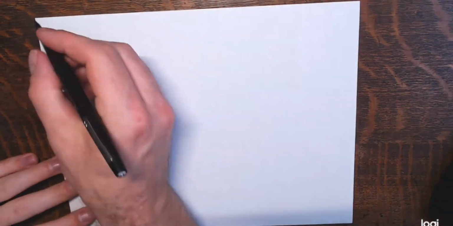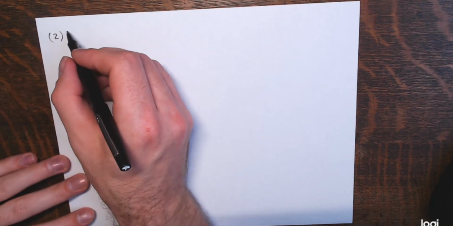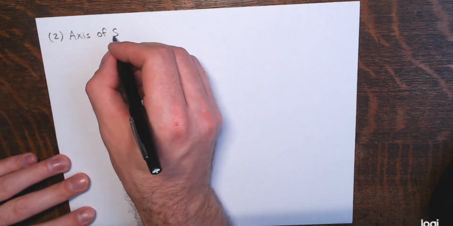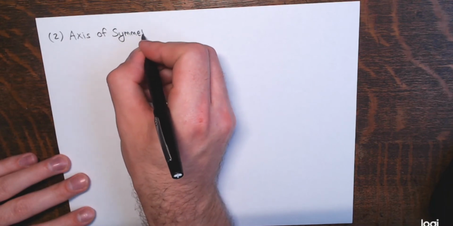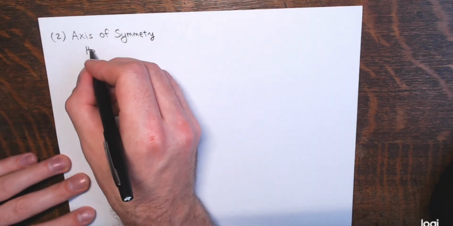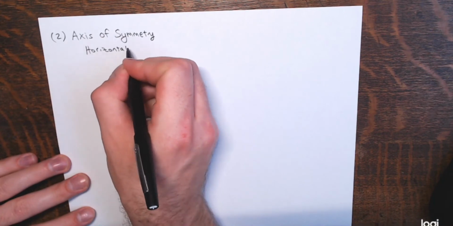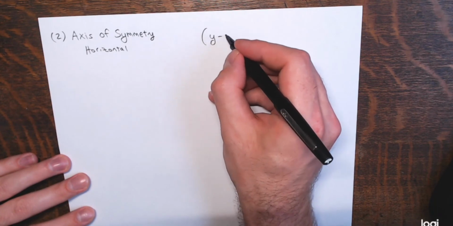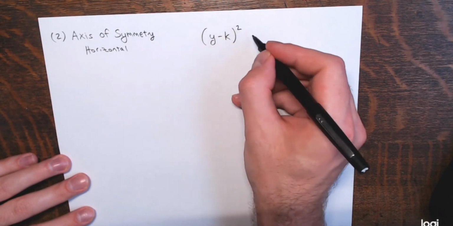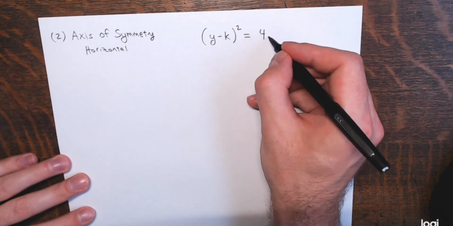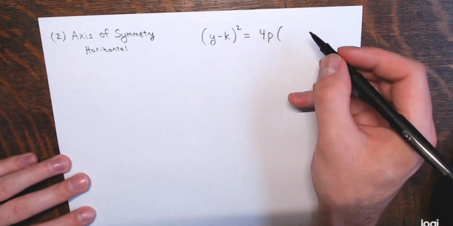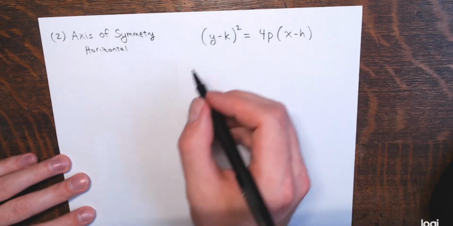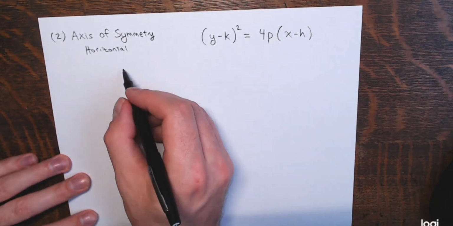So in case 2, if the axis of symmetry is horizontal, the equation in standard form for a parabola is going to be y minus k squared equals, and once again that coefficient 4p times x minus h, where h is the x coordinate, k is the y coordinate of the vertex.